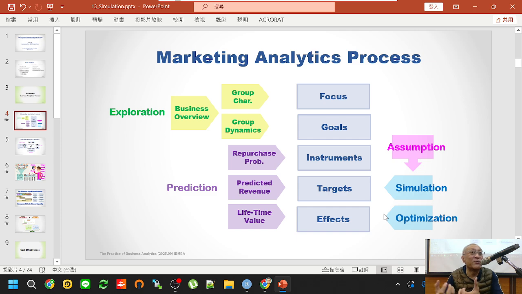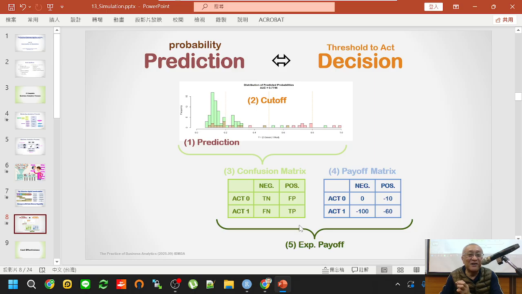If you still remember the diabetic case, we predicted the probability of poor care for each patient, right? But after we know the probability, we still cannot make our decision, right? If you still remember, in order to make the decision, we need to assume the payoff matrix, right?